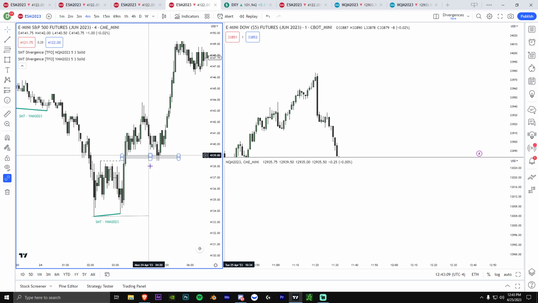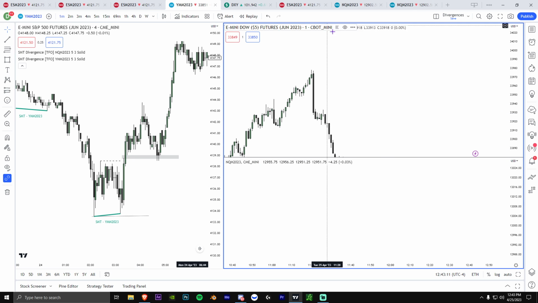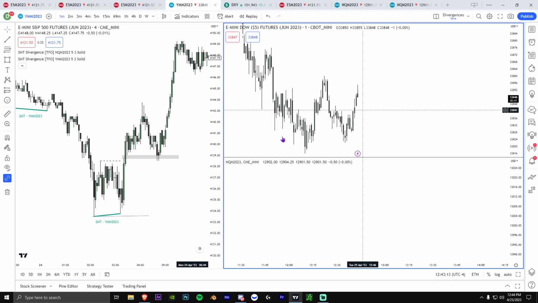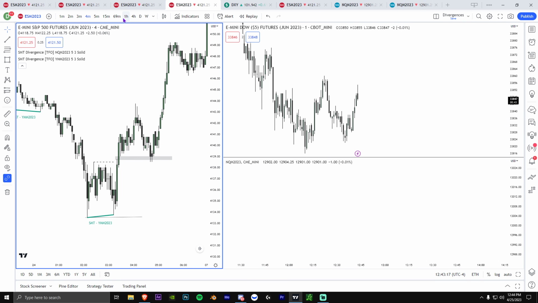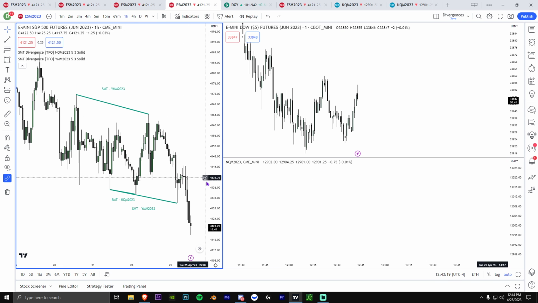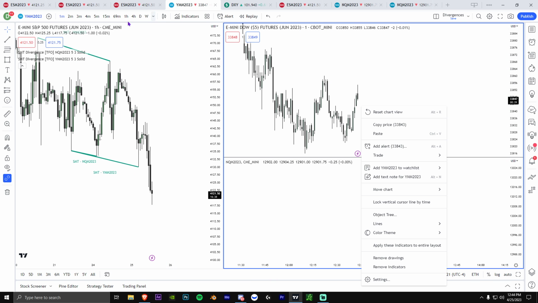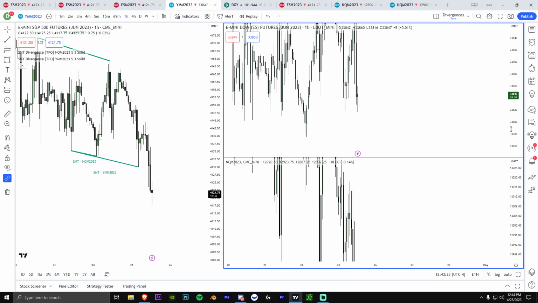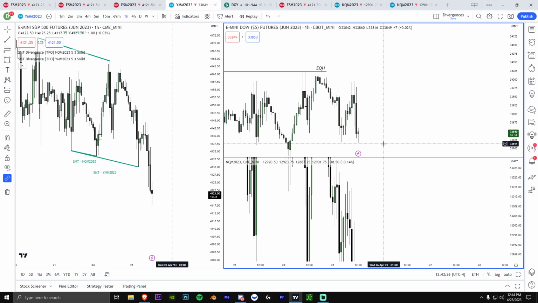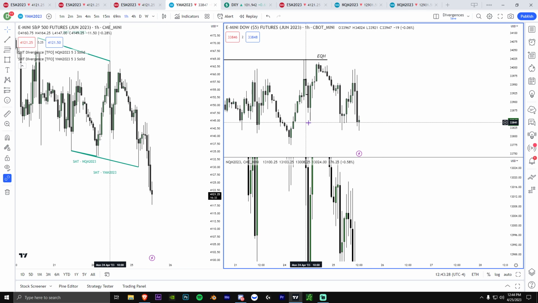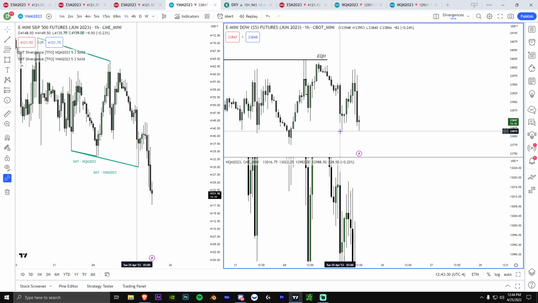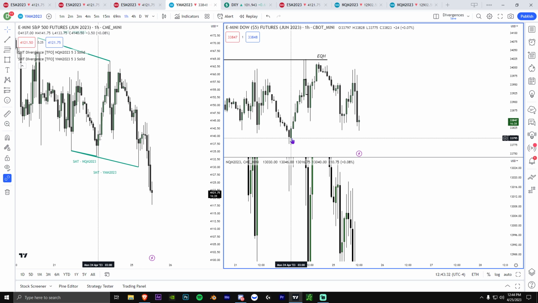Yes, it's an SMT and there are a lot of SMTs that form live time, but you really have to wait until this. The only SMT you can predict live time is the SMT I explained before. If I go to the hourly, the only SMT that you can predict is something like this. Oh no, like this.